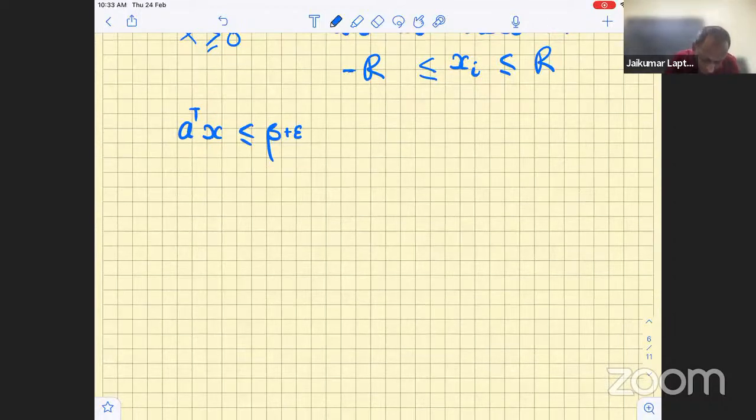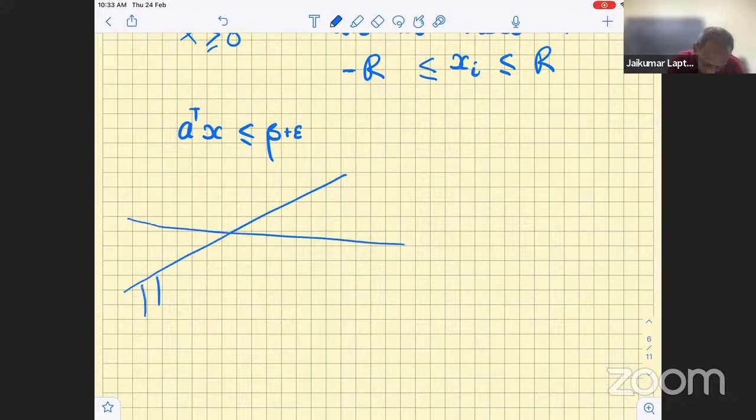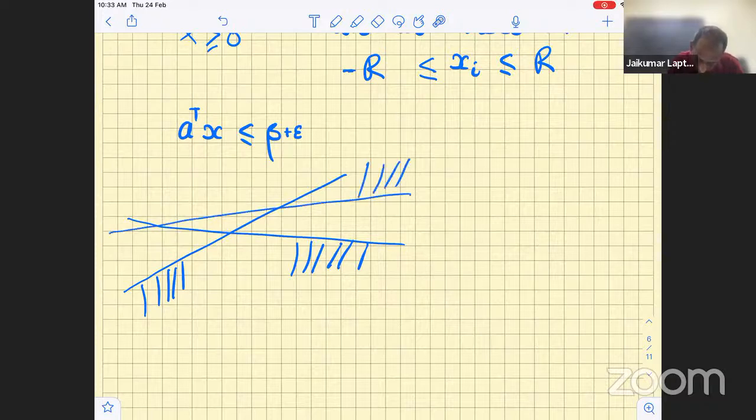Let me just give you the idea. Suppose there was a system of inequalities which was infeasible. This inequality says your point must lie on this side, this inequality says your point must lie on this side, and this inequality says your point must lie on this side.